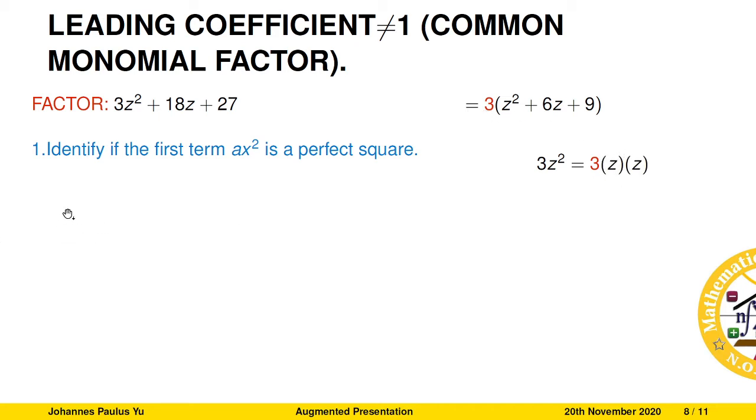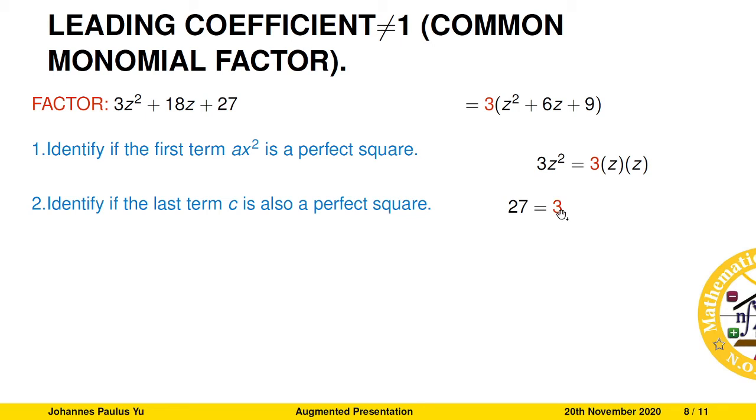Okay? And next, identify if the last term c is a perfect square. So now, 9 is already a perfect square. 27 is equal to 3, the common monomial factor, times 3 squared, the factored form of this exponential notation, 3 times 3.